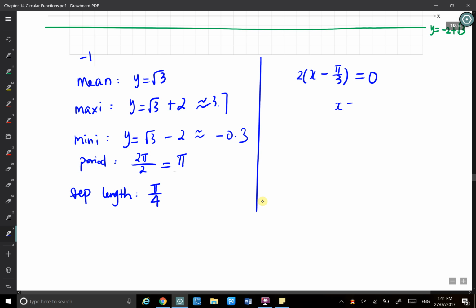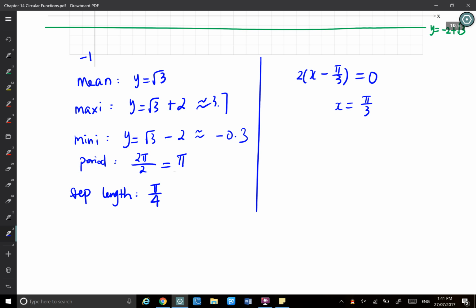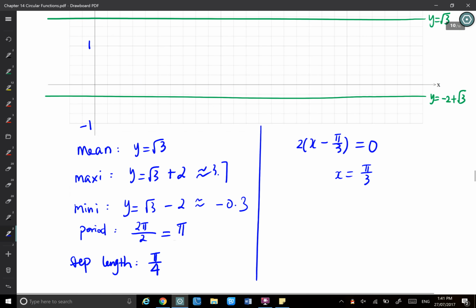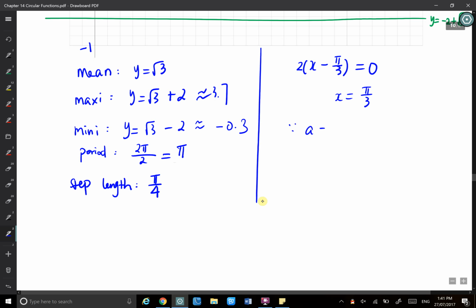So x will be pi on 3 for sure. Is that a maximum or minimum point? Max, because a is 2. Because a equals to 2 greater than 0, so this is a max point. So the point will be pi on 3, comma, root 3 plus 2.